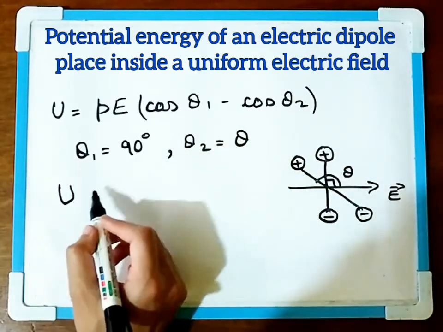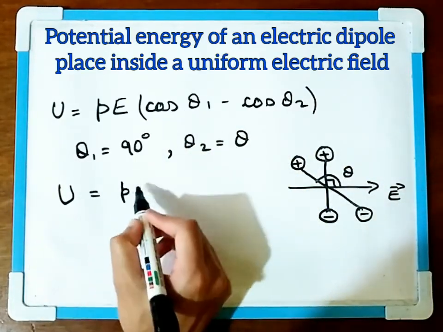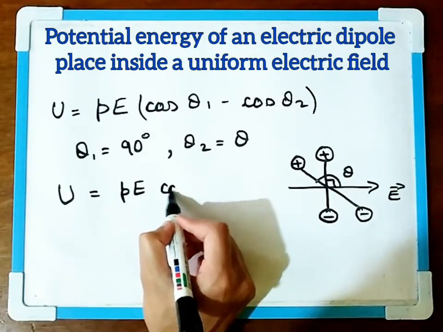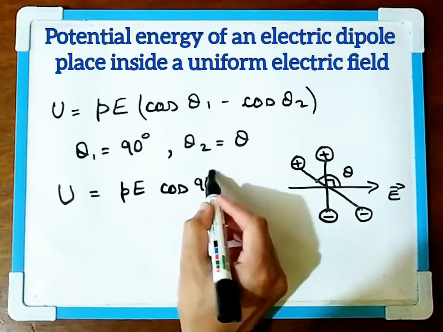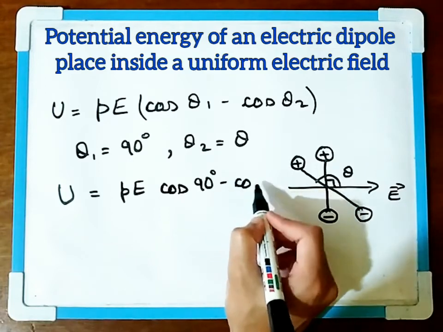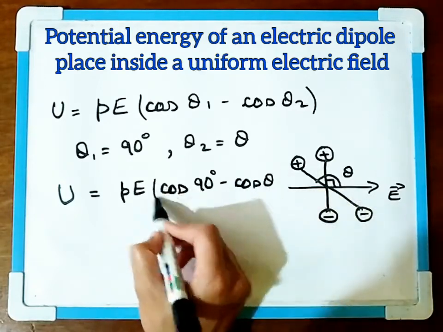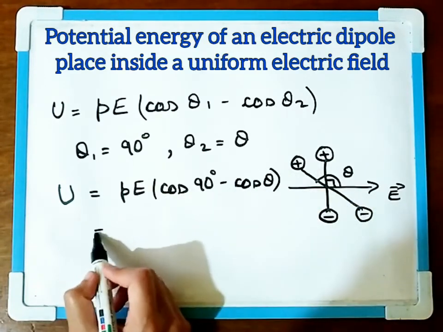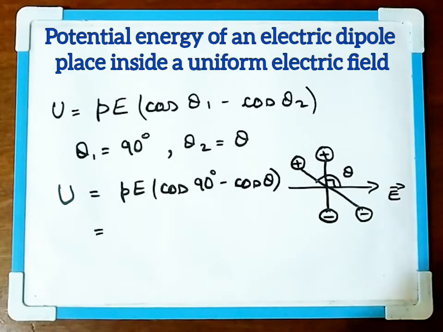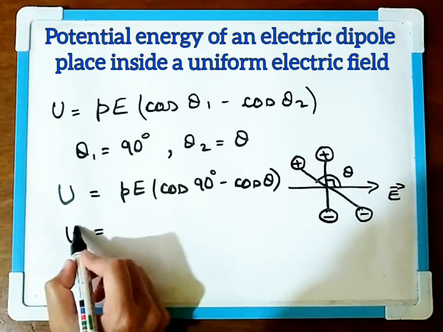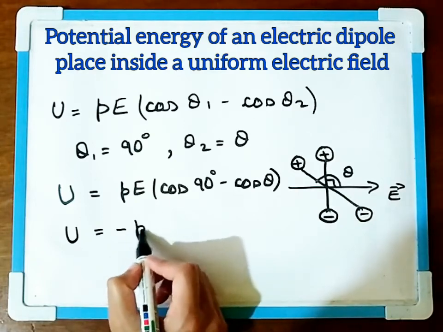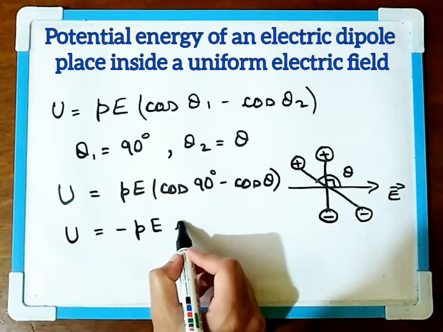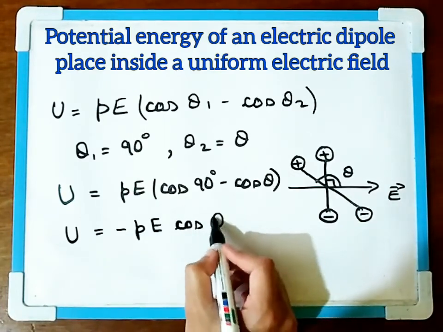What you'll get is U equal to PE (cos of 90 minus cos of theta). And cos of 90 is equal to 0. So what we have, U, the potential energy, is equal to minus PE cos theta.